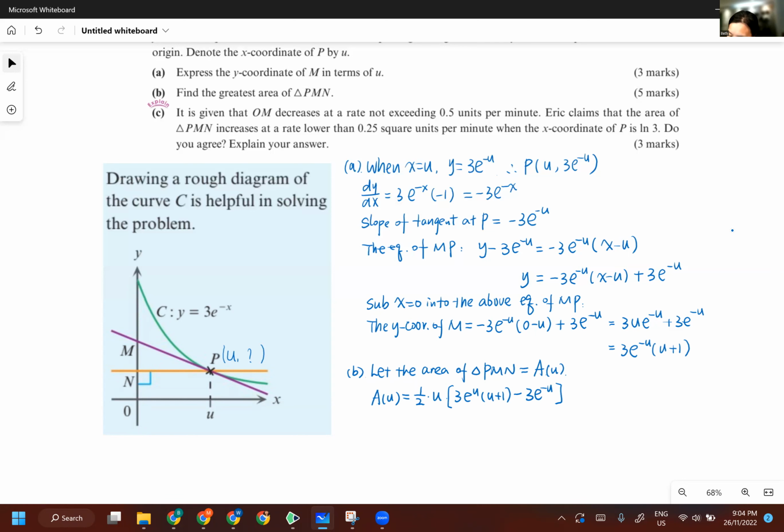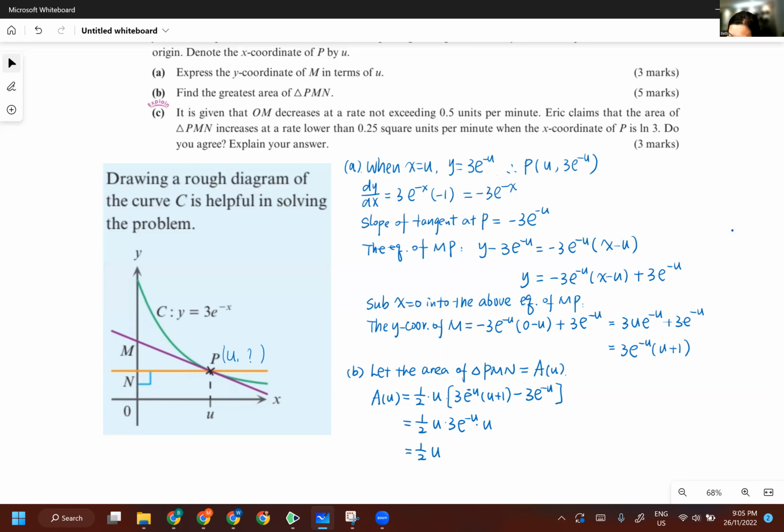To simplify, I get 1 over 2, u squared, 3e^(-u) times u.